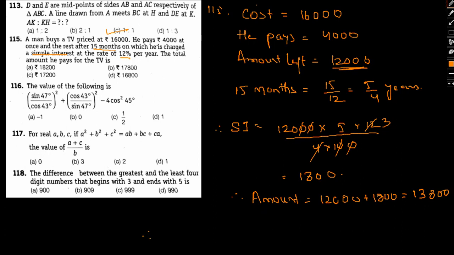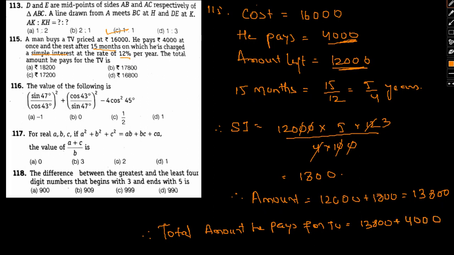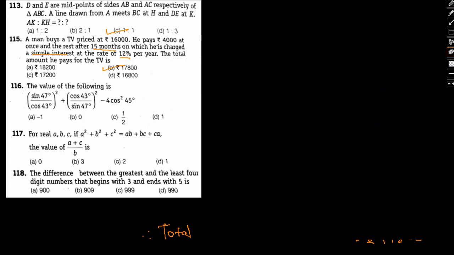So the total amount he pays for the TV will be 13,800 plus the 4,000 that he initially paid, that is rupees 17,800. Option B will be the answer. I hope this is clear how we came over to the solution of the same. So that's it. Let's move on to 116 now.